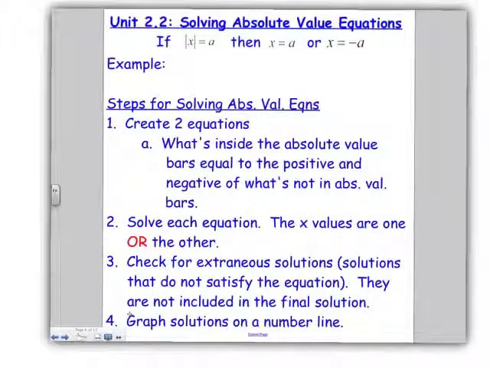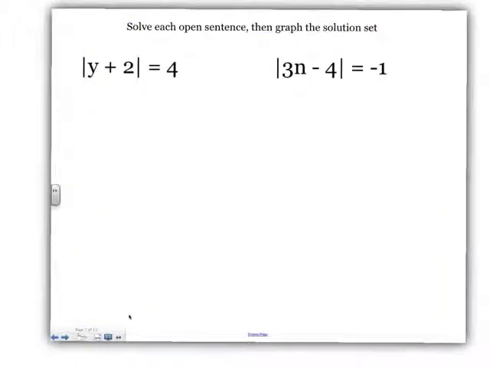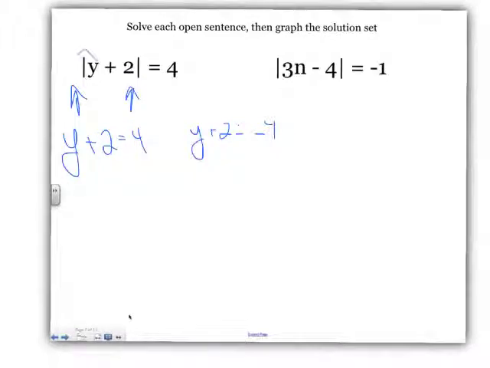So take a look at these next two examples, and we'll see that if the absolute value of y plus 2 is equal to 4, the way we're going to write that out is either that y plus 2 is equal to 4, or y plus 2 could also be equal to negative 4 because of the absolute value. In other words, this inside could either be 4 or negative 4. So if y plus 2 is equal to 4, then y would be equal to 2.